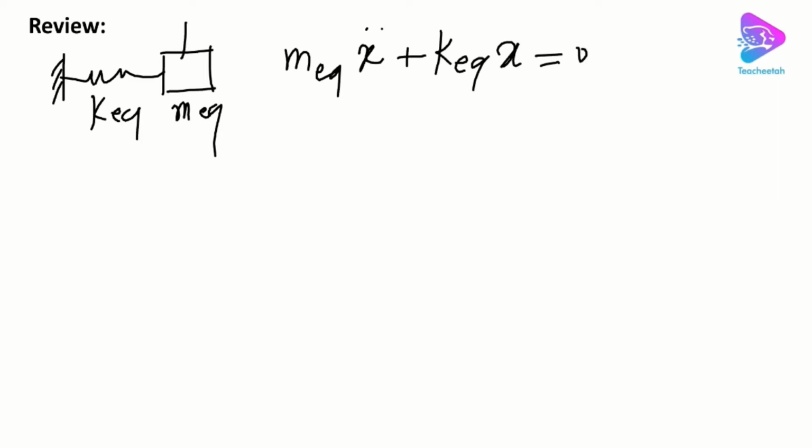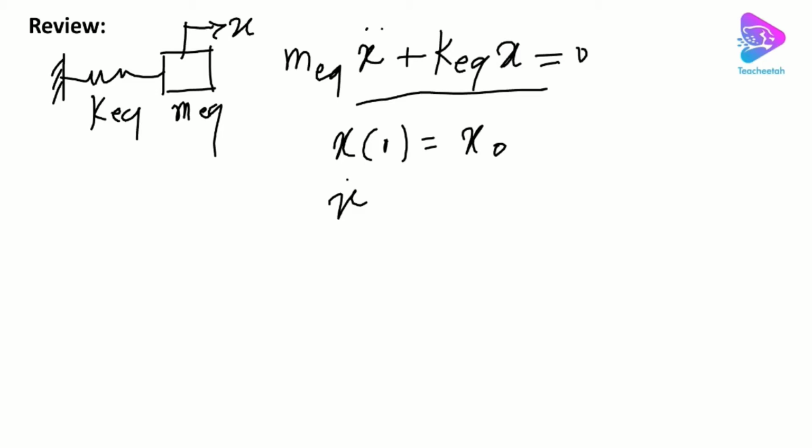And as you see, x is the degree of freedom, and for a second order differential equation like here, we need two initial conditions: the initial displacement x naught and the initial velocity x dot naught, right?